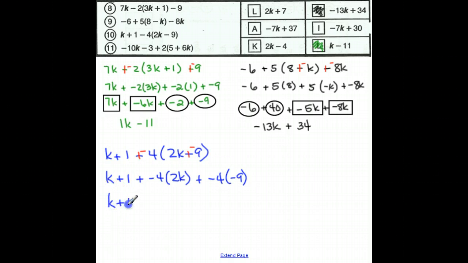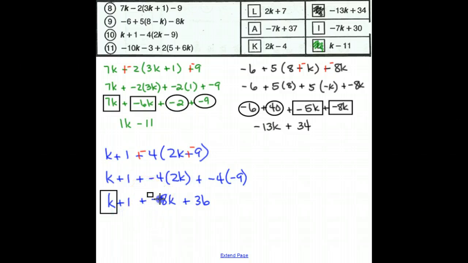K plus 1 plus negative 8k plus a positive 36. I'm going to identify my like terms.